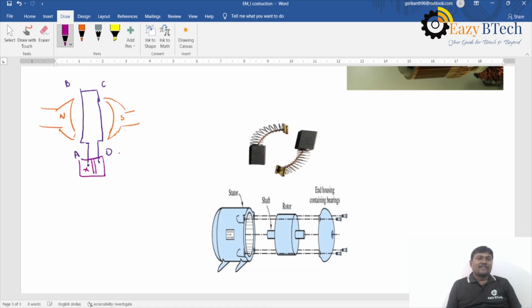The conductor CD is connected like this, and the conductor AB is fixed to the commutator segment X, and the conductor CD is fixed to the commutator segment Y. Between the commutator segments we are providing insulation. So this part is called the commutator.